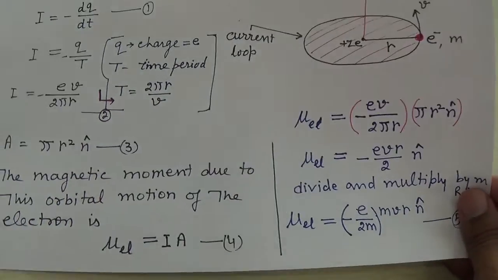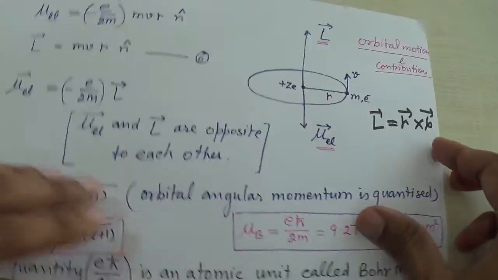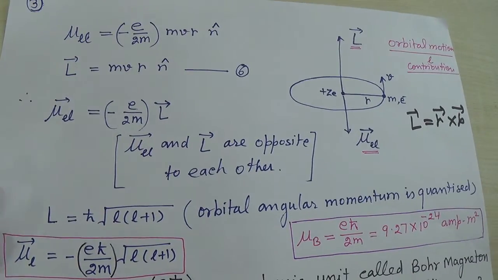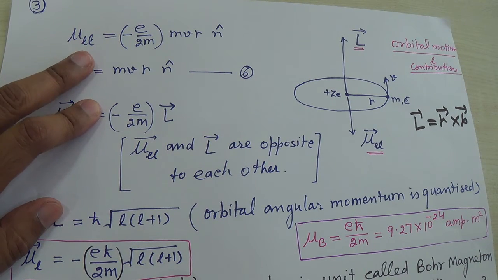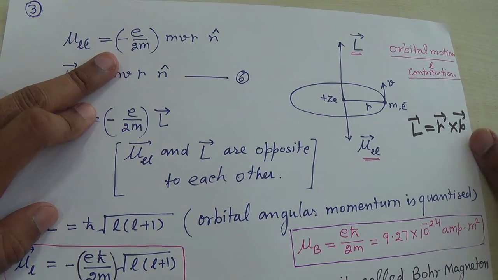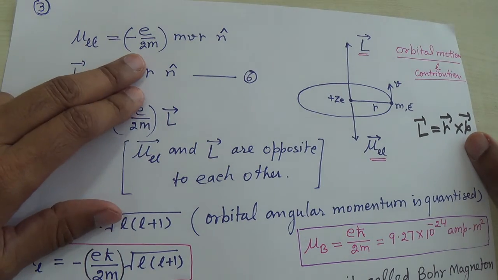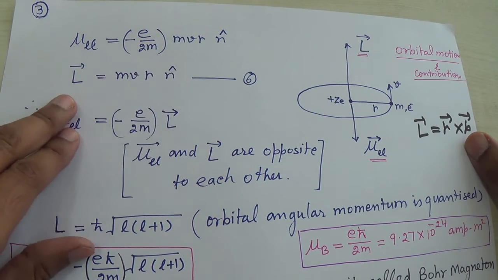This is my equation number 5. So in this equation I found the magnetic moment of the electron because of the orbital motion is minus e upon 2m into mvr unit vector n.